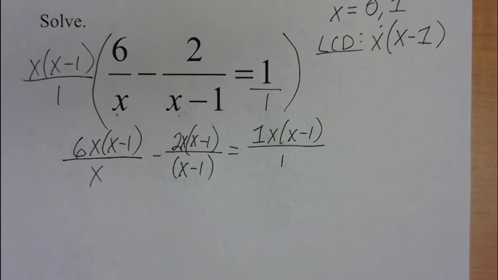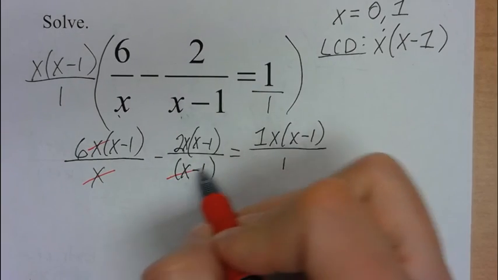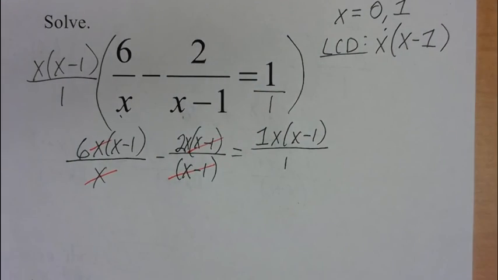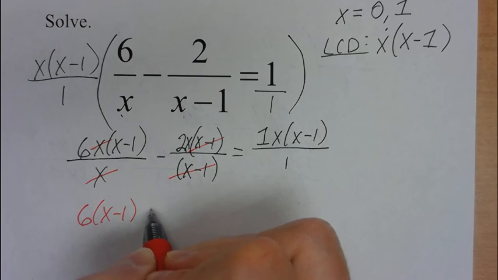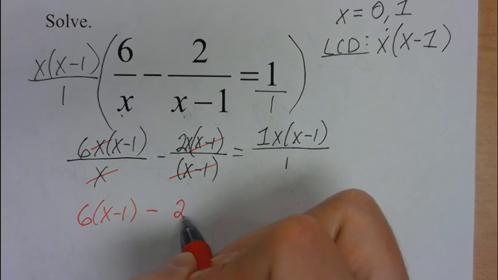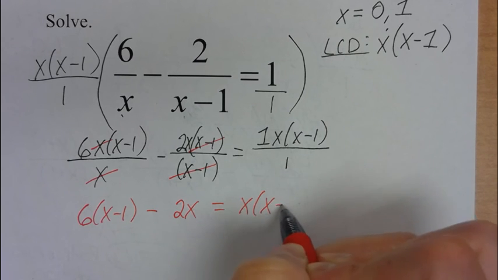And we can now cross out and divide out the things we have in top and bottom. So x's are gone, x minus 1s are gone, and that leaves us with some stuff to simplify, which means we have 6 times x minus 1 minus 2x is equal to x times x minus 1.